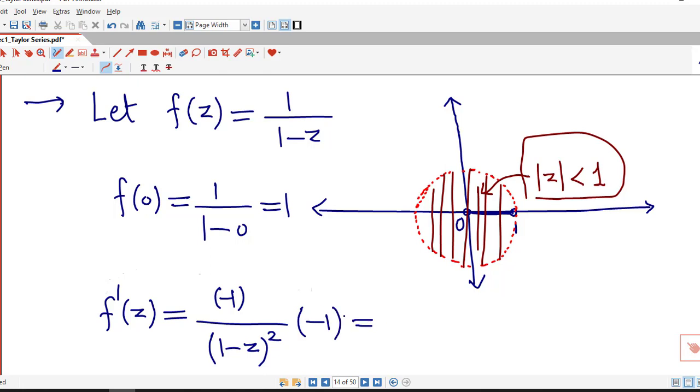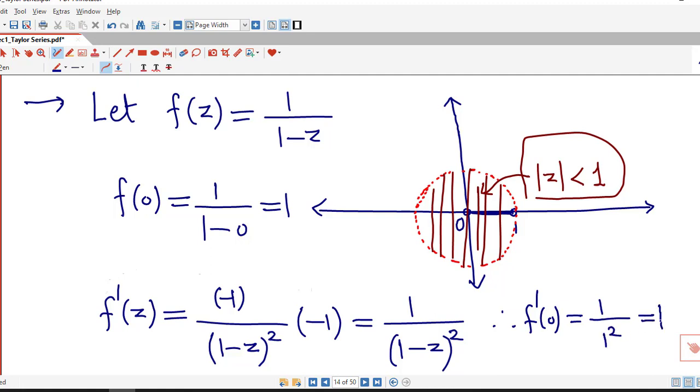Here we are applying the chain rule. So negative times negative is positive, and we have 1 over 1 minus z square, and therefore the first derivative at 0 is 1 over 1 minus 0 square, that is 1 square, and therefore it is 1.